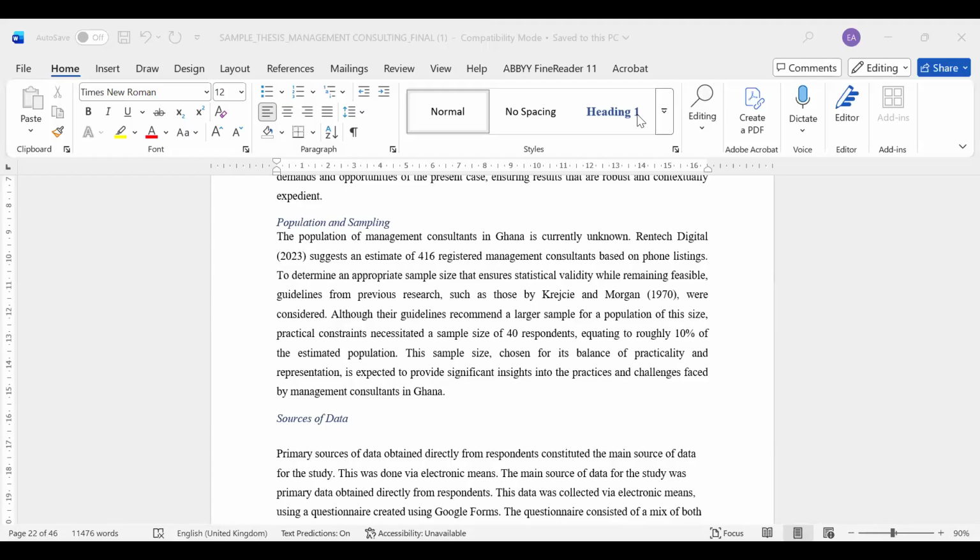We just did literature review. Please, what is literature review? Nobody in the class knows what literature review is. Madam, please, it's previous writings or findings about the topic or the area of study you want to undertake your research on. Thank you very much.